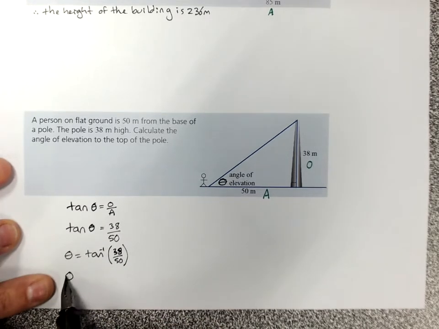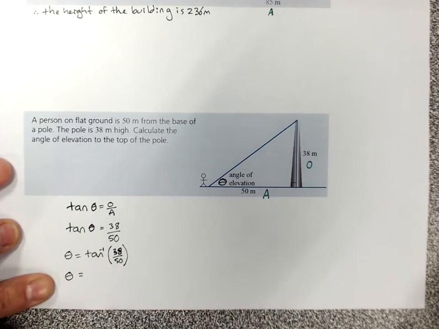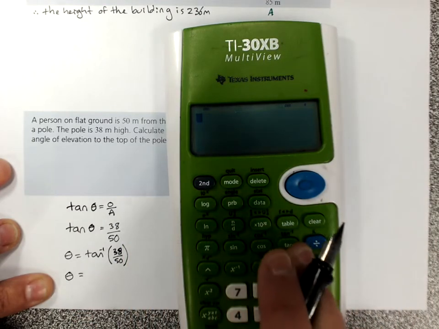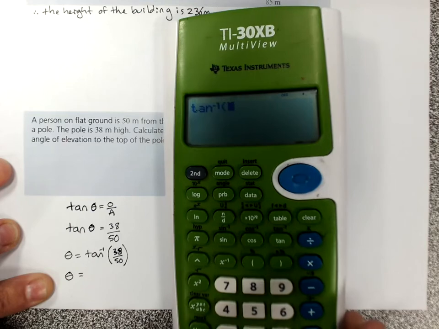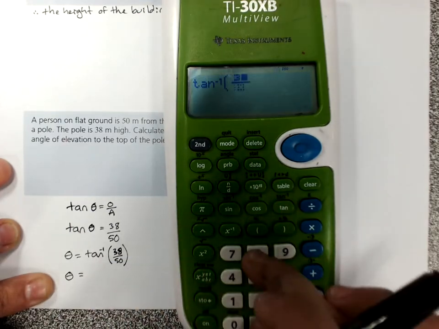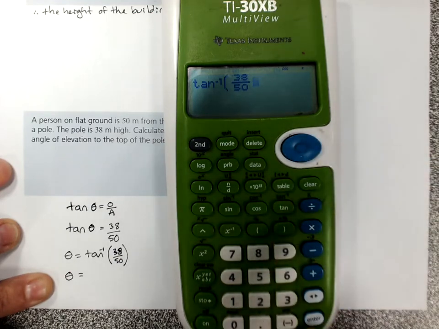And when we've got just the unknown then an equals, that's what gets entered into our calculator. Remembering that the -1 means I'll have to use second function to get the -1, the fraction, 38 over 50, close my bracket, enter.